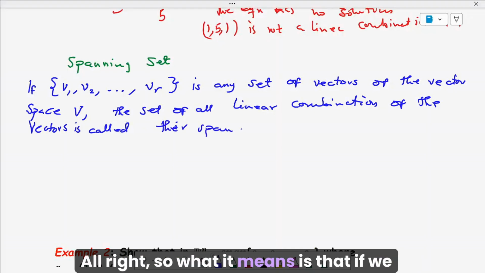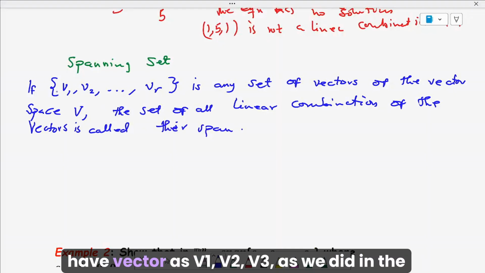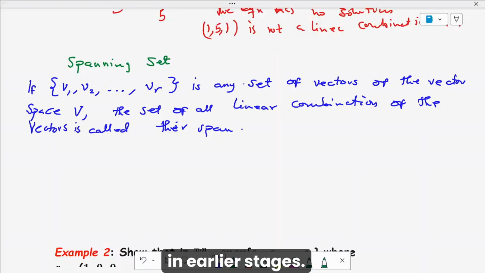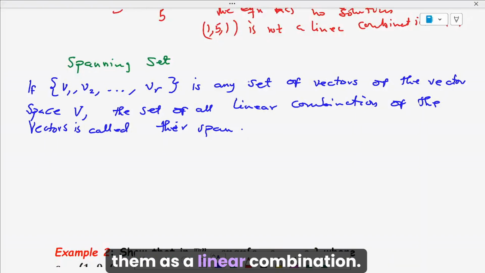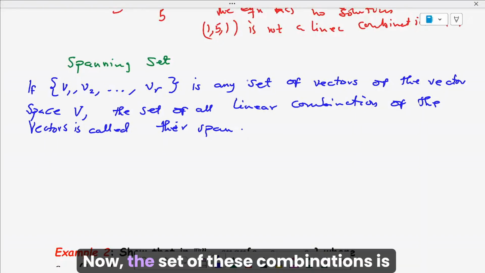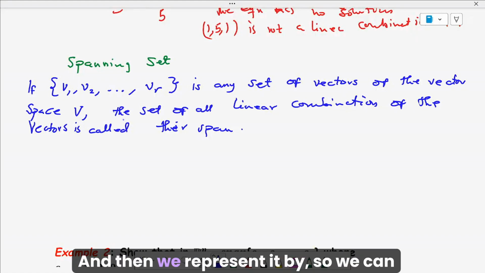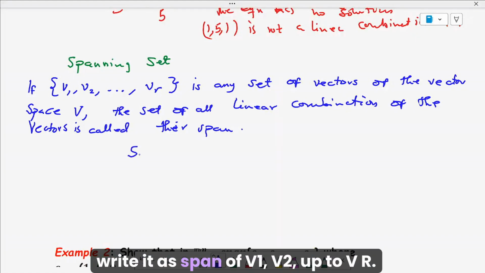All right. So what it means is that if we have vectors v1, v2, v3, as we did in earlier stages, and we are able to express all of them as a linear combination, the set of these combinations is what we call the span. We can write it as span of v1, v2 up to vr.